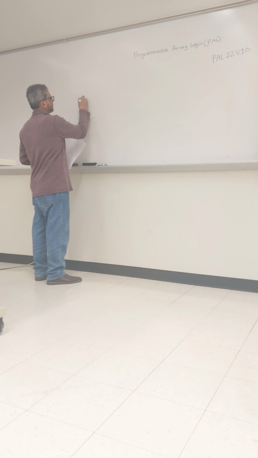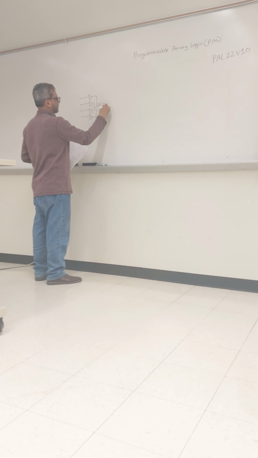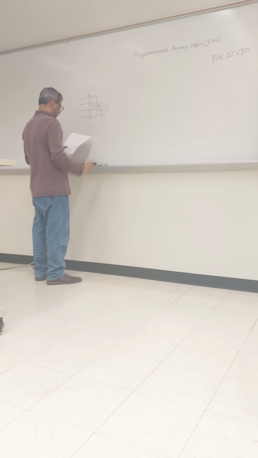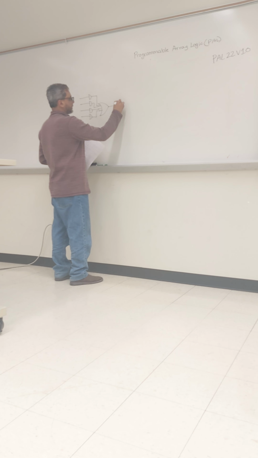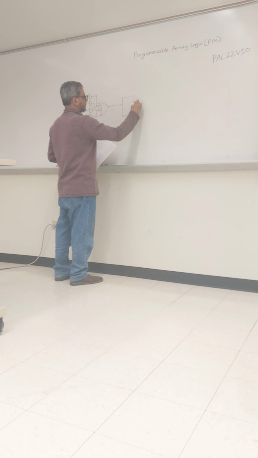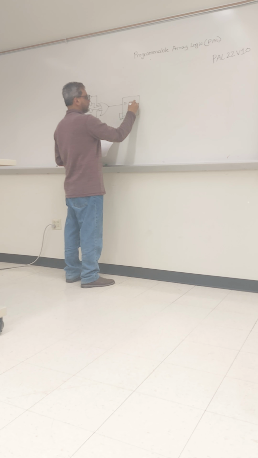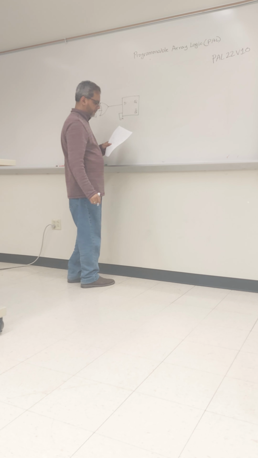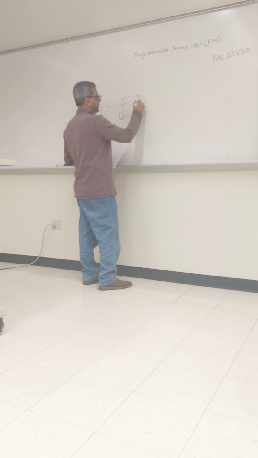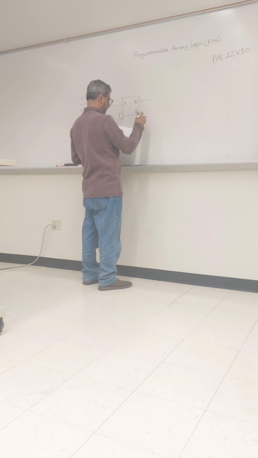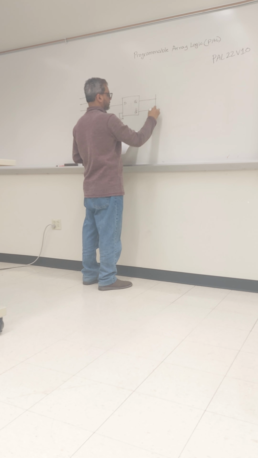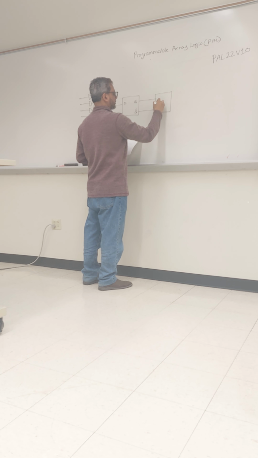Just for example, we have this circuit. Then we give it to this memory cell. We have the clock and Q bar. Then here I give this Q and Q bar to a mux.